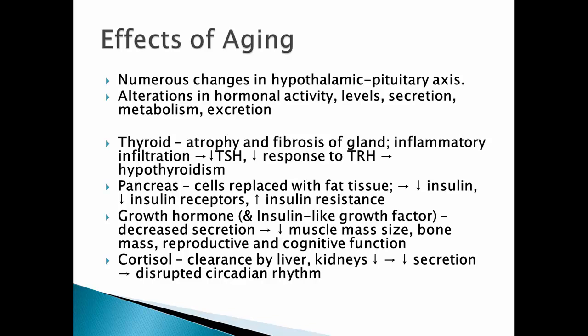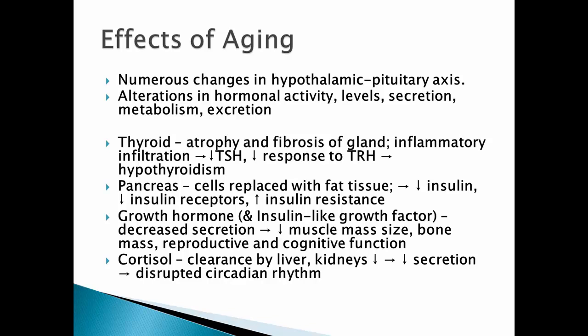We also know that as we get older, hormone activity, the levels, the secretion of the hormones, the metabolism of the hormones, and even the excretion of our hormones changes. Some of the significant changes are in the thyroid, the pancreas, in growth hormone, and in cortisol.